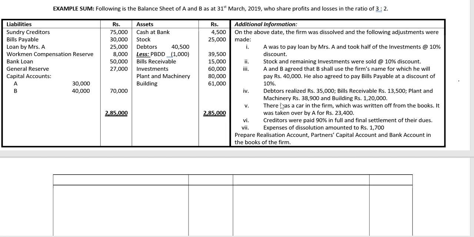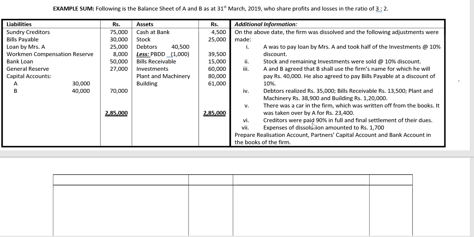Fourth point, debtors realized rupees 35,000, bills receivable rupees 13,500, plant and machinery rupees 38,900, and building rupees 1,20,000. The fifth point, there was a car in the firm which was written off from the books.